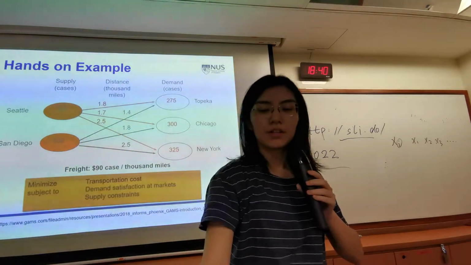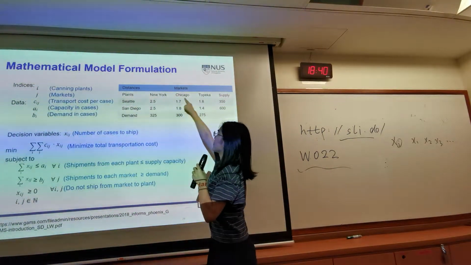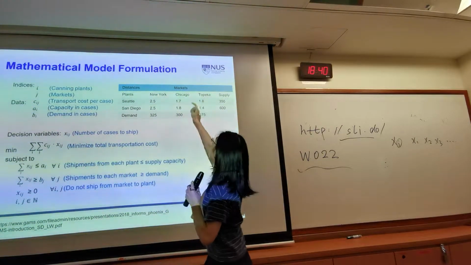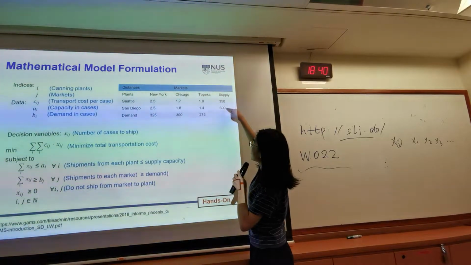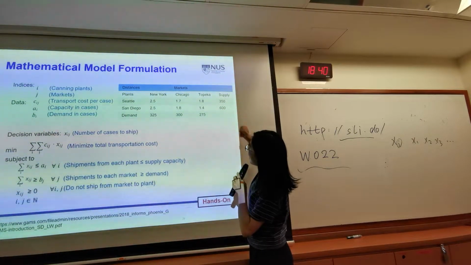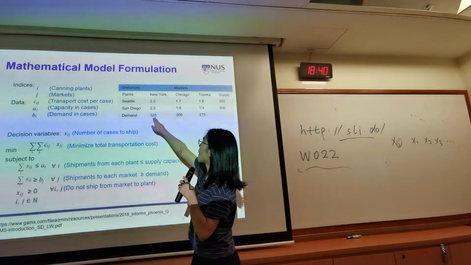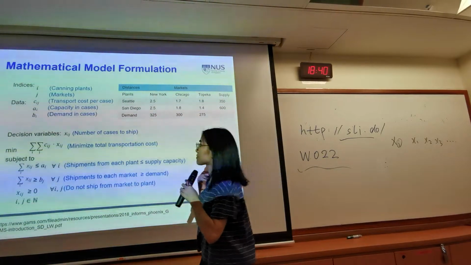These are the distances from each supply to all the demand sites, this is the maximum capacity in each plant, and these are the demand in each market.